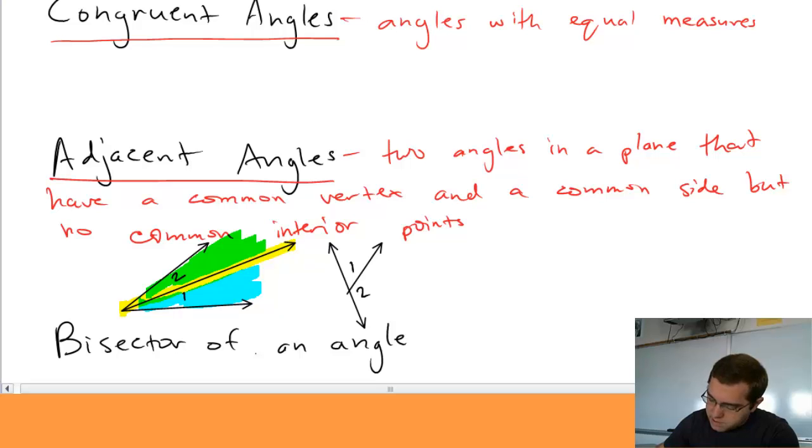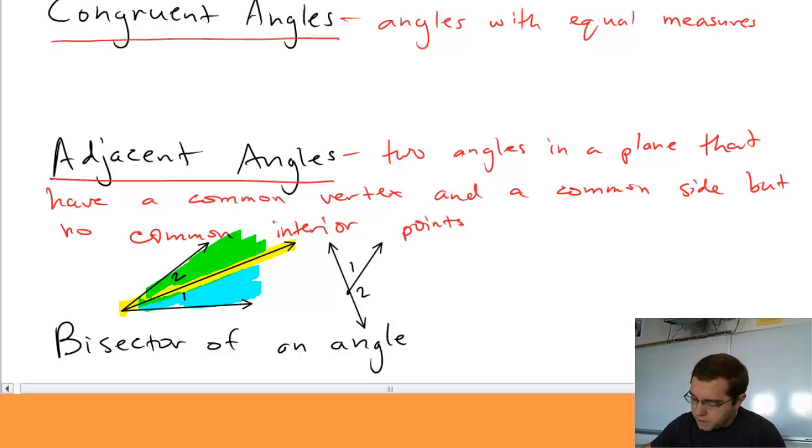That's angle 1 and that's angle 2. Angle 1 and angle 2 are adjacent angles, even though their vertex now is just this point on the straight angle there. They share a common vertex, they share a common side, they don't share any common interior points. So those are adjacent angles.